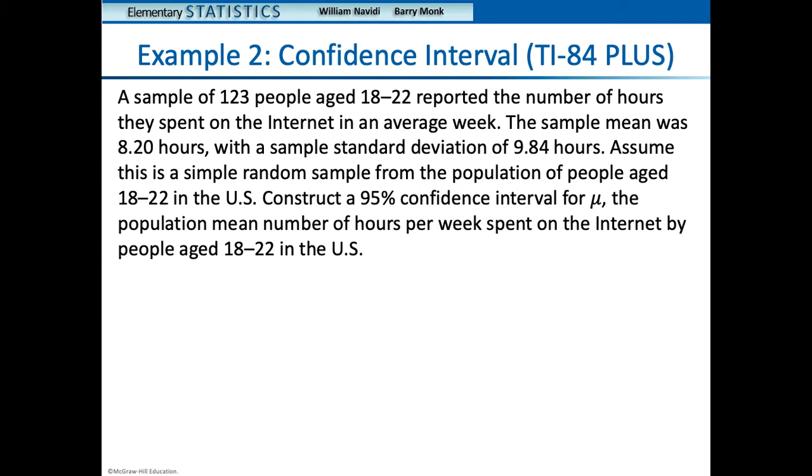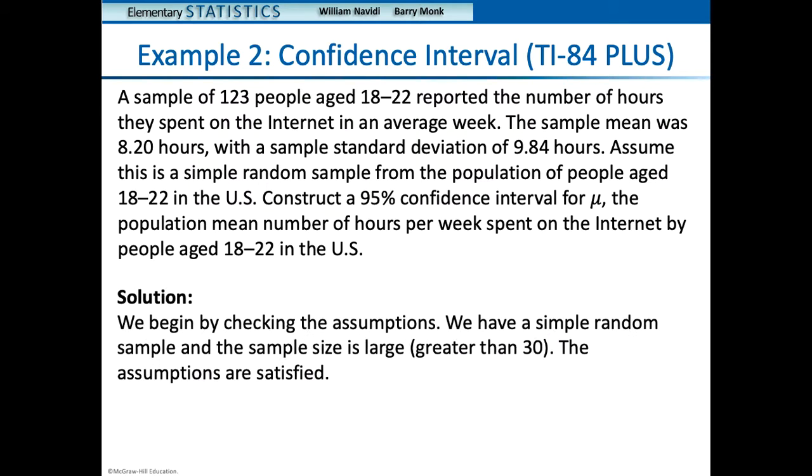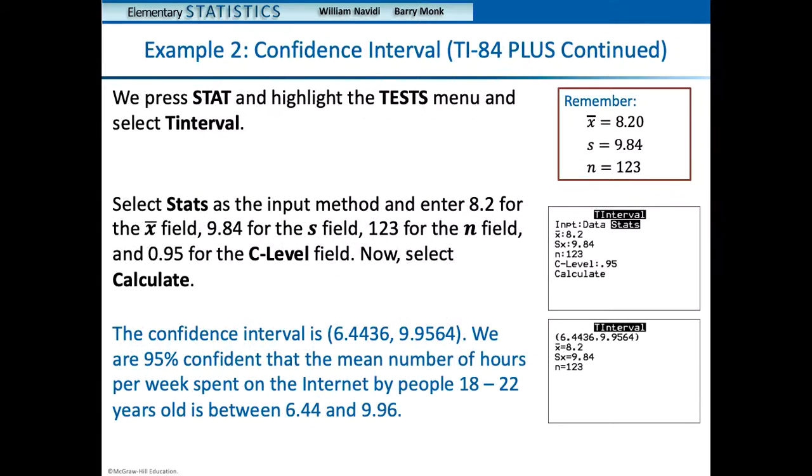Example 2, right? In this one, the sample mean and the sample standard deviation were given, and we are asked to construct a 95% confidence interval. Assumptions are met. So this time we do not need to use the list editor. We just go straight to the T-interval function. For input, we make sure that the word stats is highlighted, and then we just type in the relevant data, right?